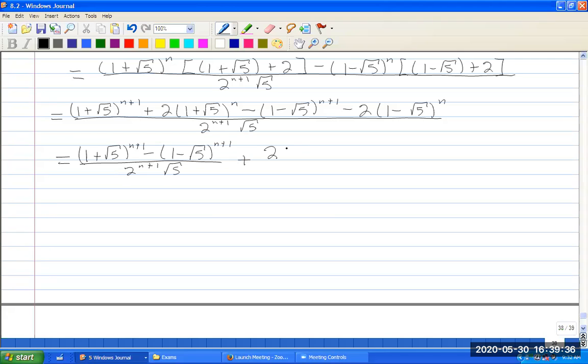Let's factor out the 2: (1 plus rad 5) to the n minus (1 minus rad 5) to the n, all over 2 to the n plus 1 rad 5.